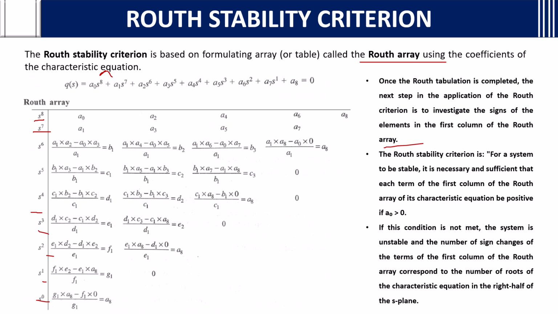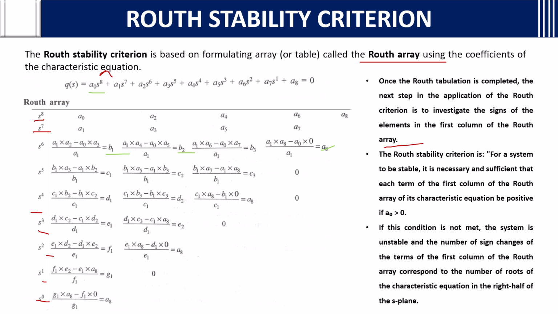This will become a1 by a1 into a8 by a1. No, a1 gets cancelled, a8 you will get. For this, simply you have to get values like B1, B2, B3. We will get some values when you are working with values. As we are considering the general characteristic equation, we are mentioning it like this.